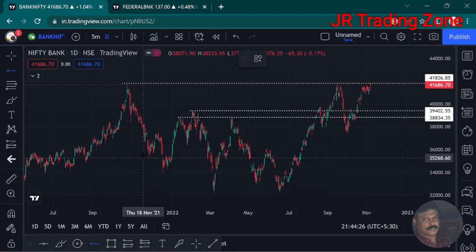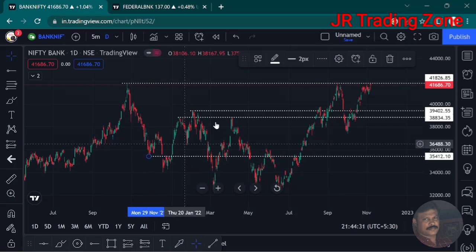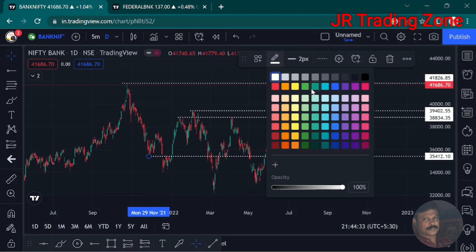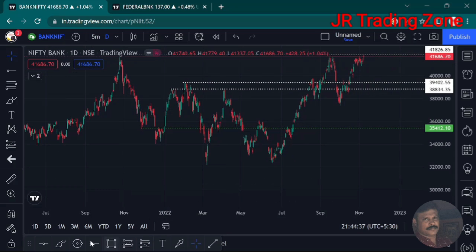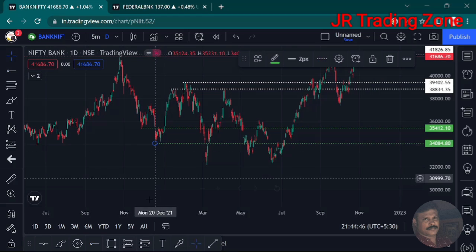I will take this same tool. See here, on the bottom you are getting a support. For seeing clearly we can give it a different color, green color. See here, December 21st, here you are getting a support in this place.